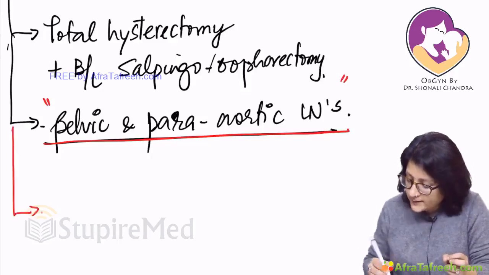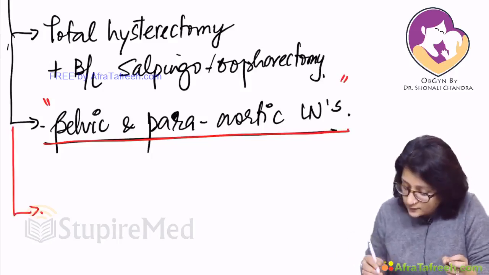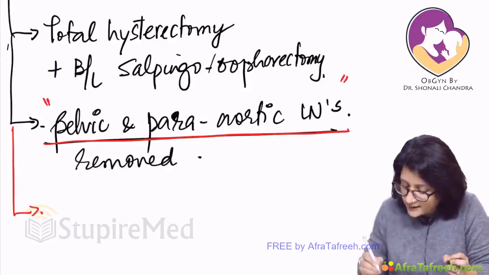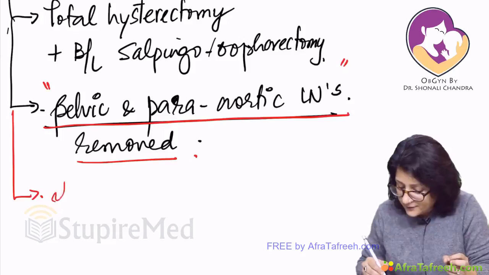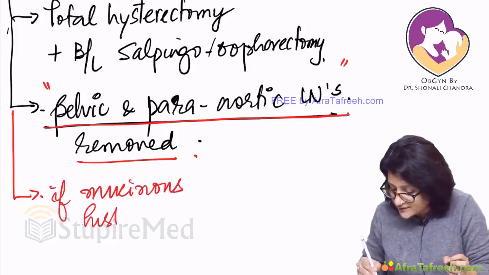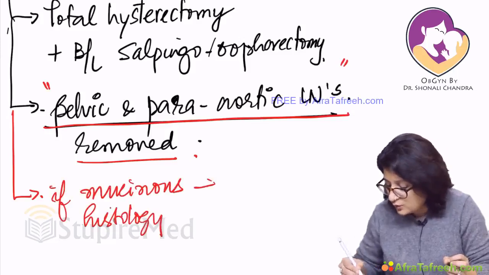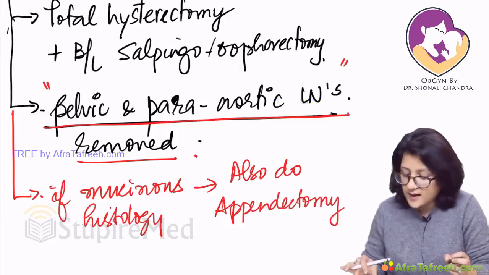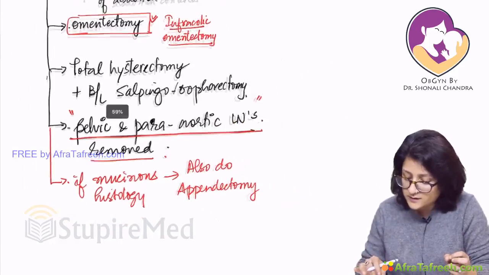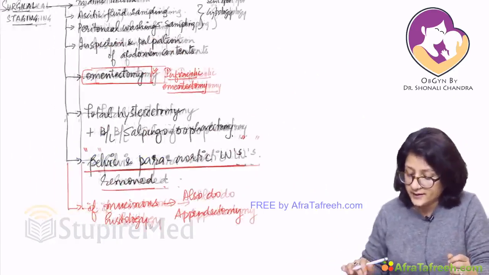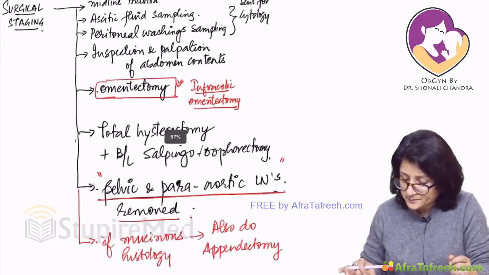Another important point is that if it is of mucinous histology, then we also do an appendectomy. This is part and parcel of surgical staging.